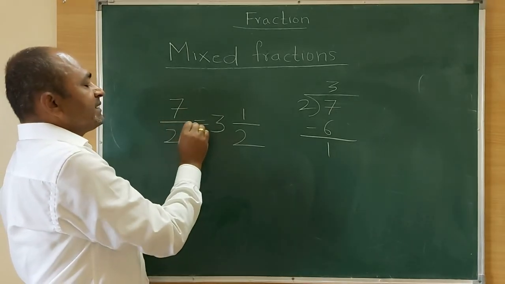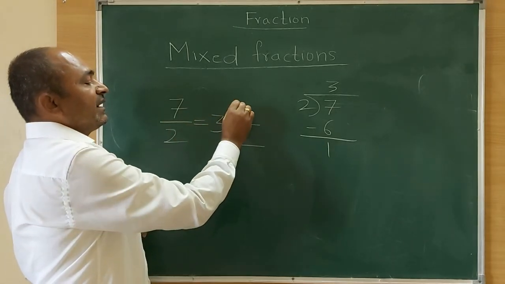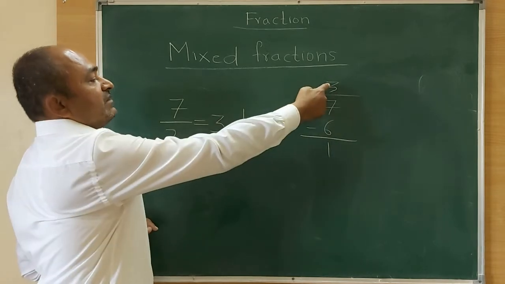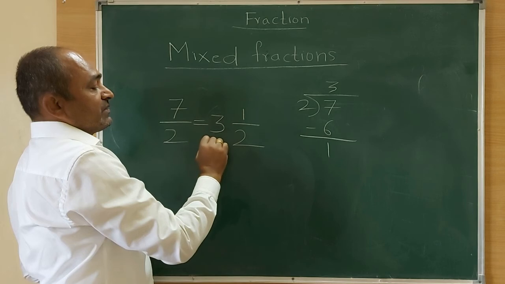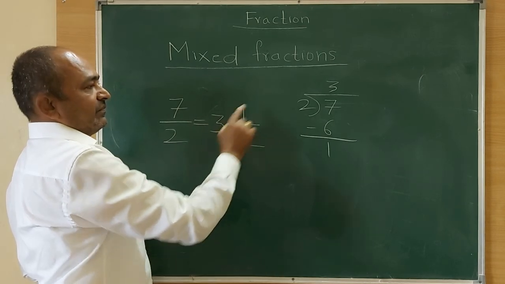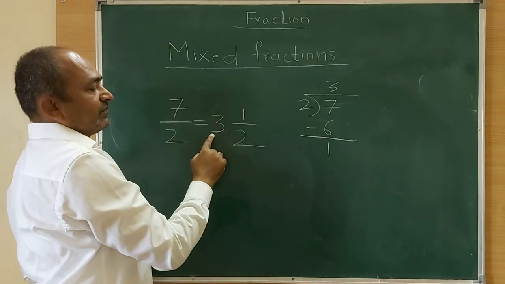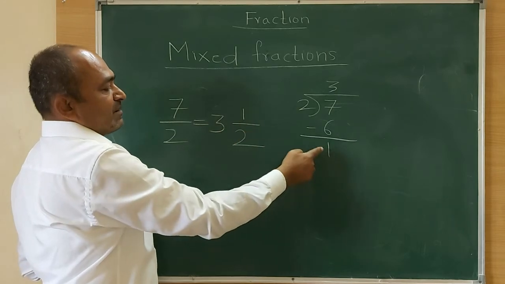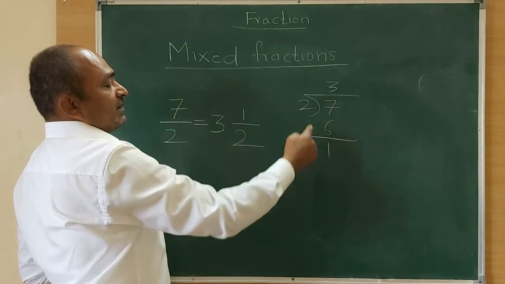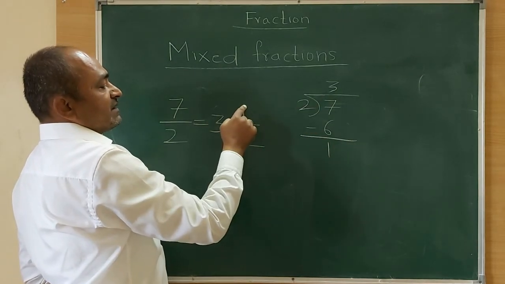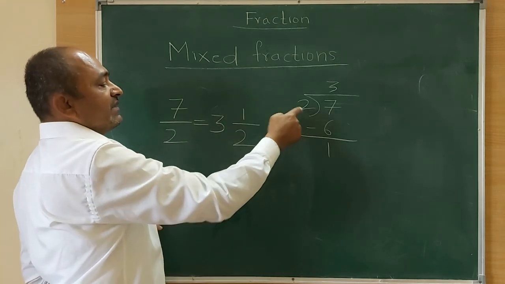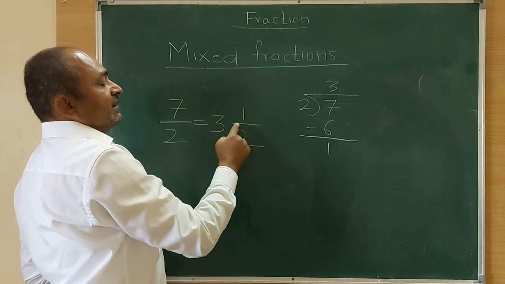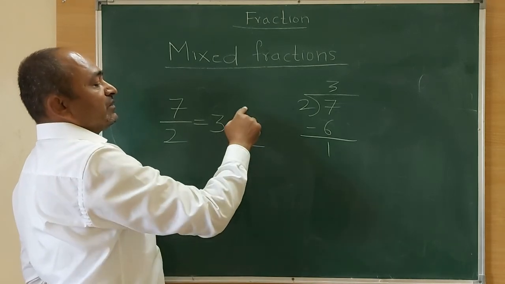The quotient 3 is the integer part, the remainder 1 is the numerator of the fractional part, and the divisor is the denominator of the fractional part.